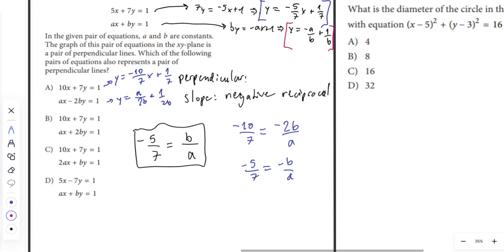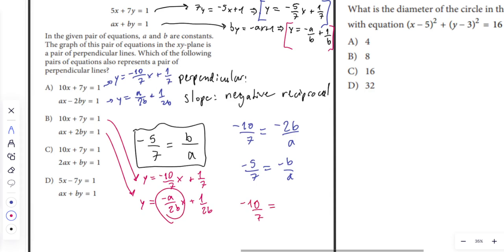So let's test answer choice B. That's y equals negative 10 over 7x plus 1 over 7. That's y equals negative a over 2b x plus 1 over 2b. Comparing those slopes, negative 10 over 7.